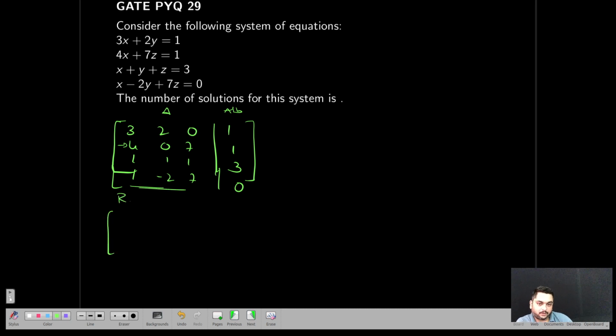To observe here, I can match this row easily. So I will perform R2 is R2 minus R1: 3, 2, 0, 1. This is 4 minus 3, 1, 0 minus 2, minus 2, 0 minus 7, minus 7, and then 7 minus 0, 7. Then I have 1, 1, 1, 3, 1 minus 2, 7, 0.